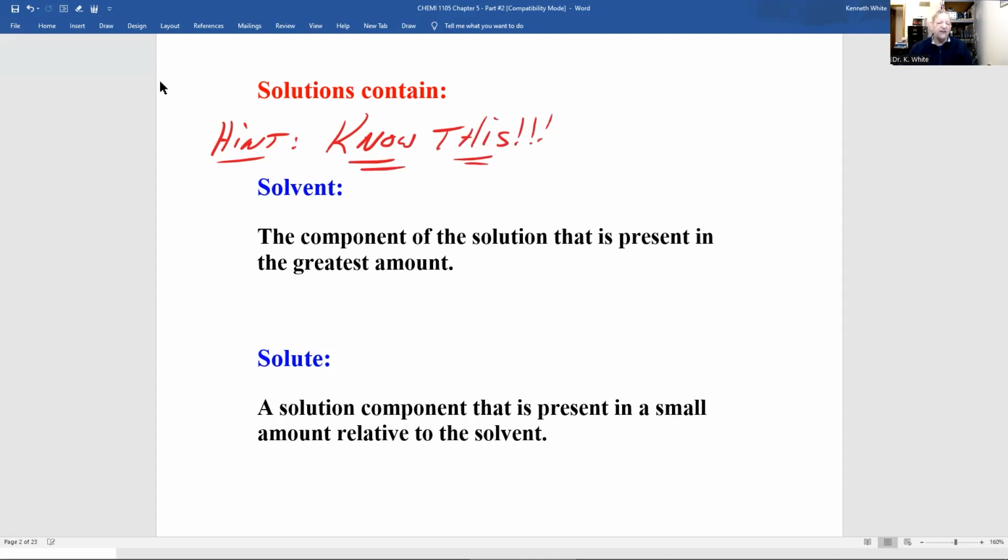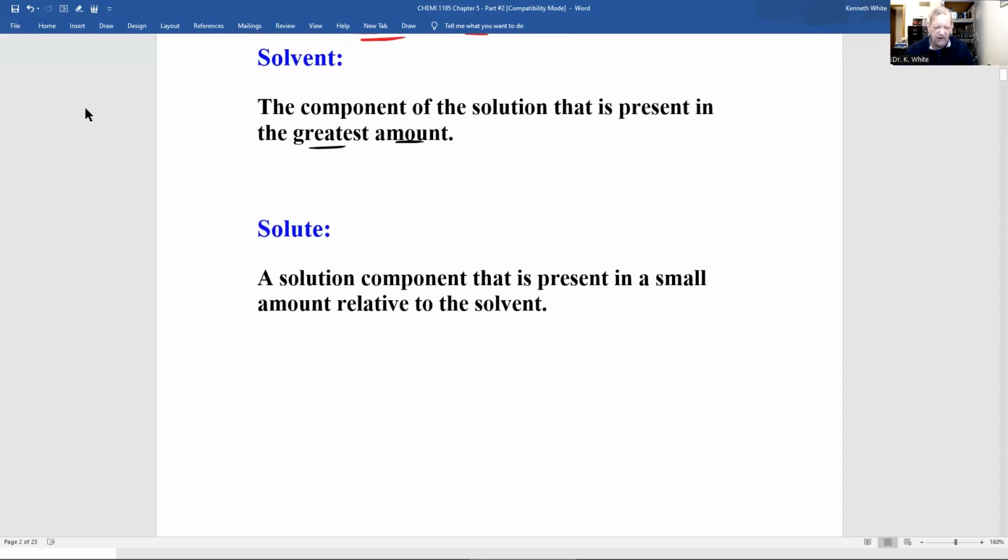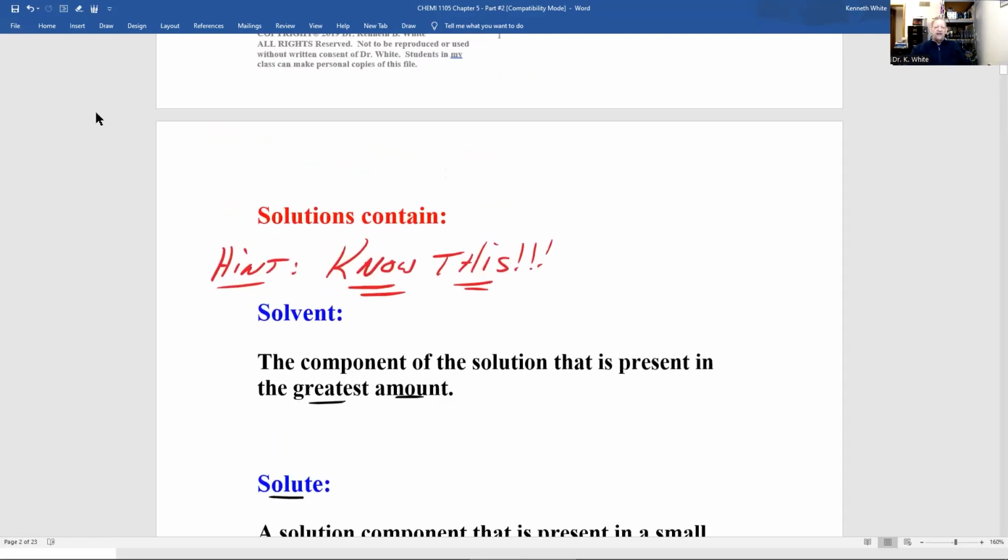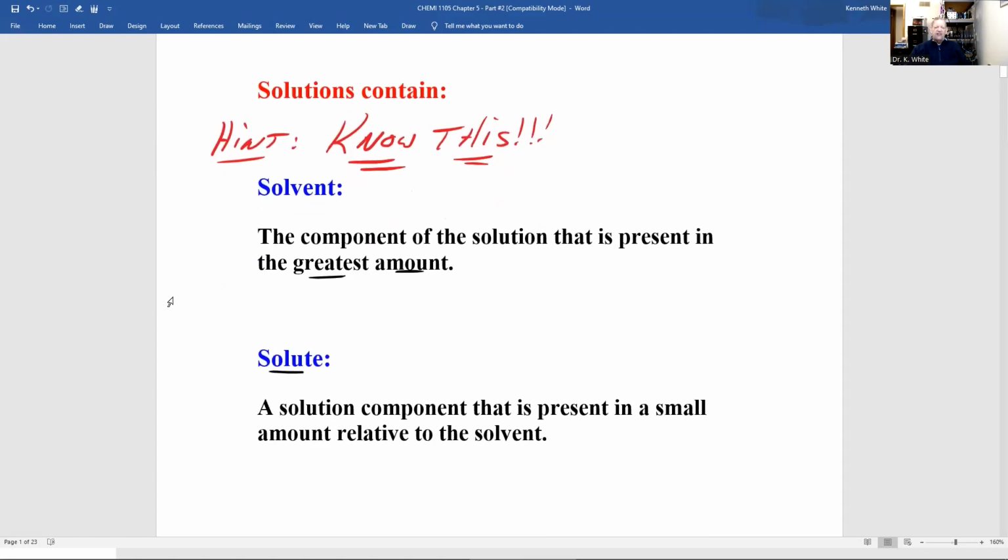Know this: a solvent is the component present in the solution in the greatest amount. All other components that are present in a smaller amount relative to the solvent are called the solute. Again, solvent is present in the greatest amount, solute the others.